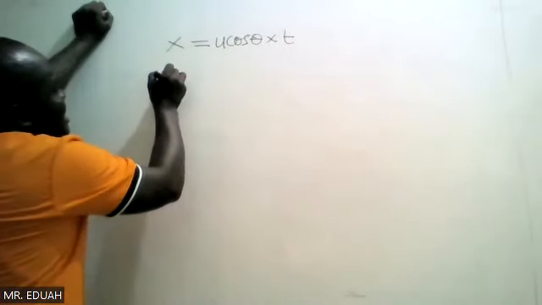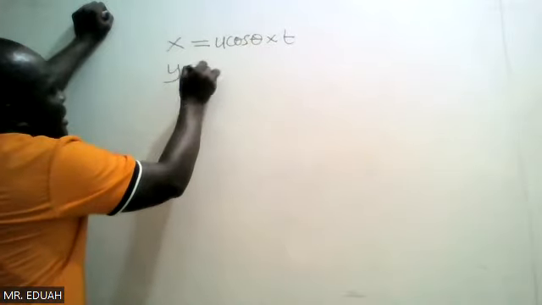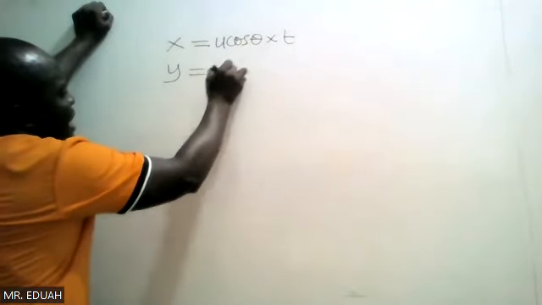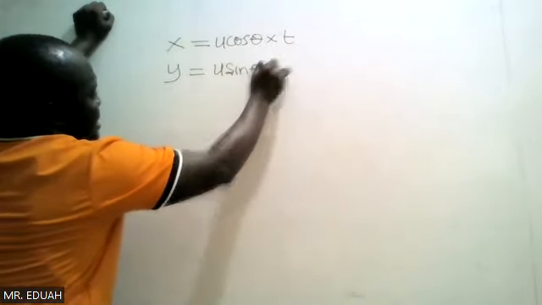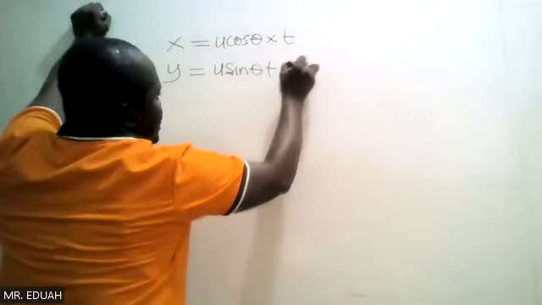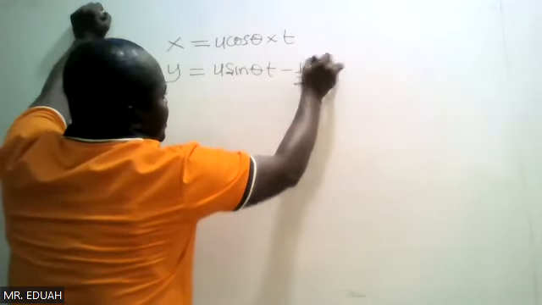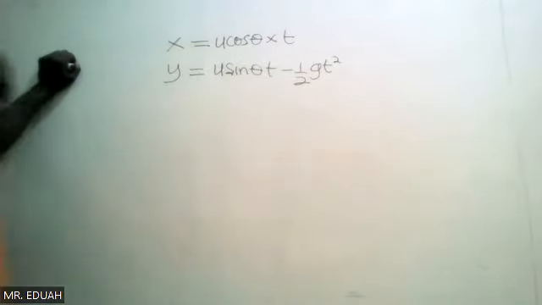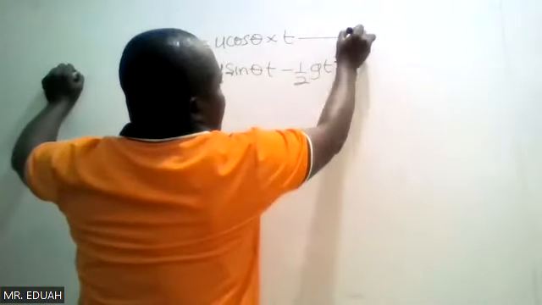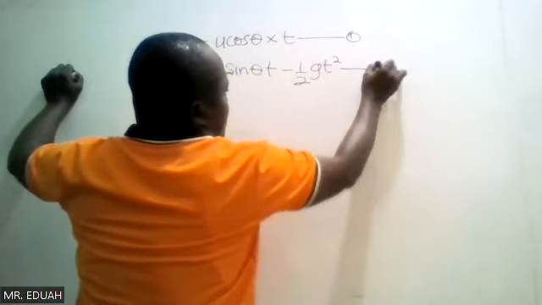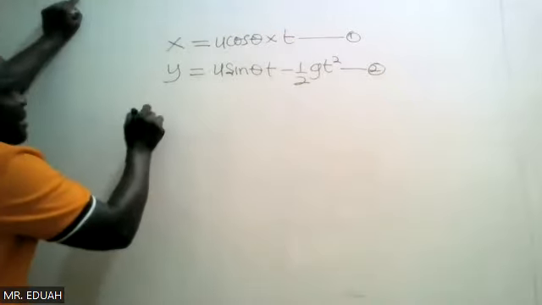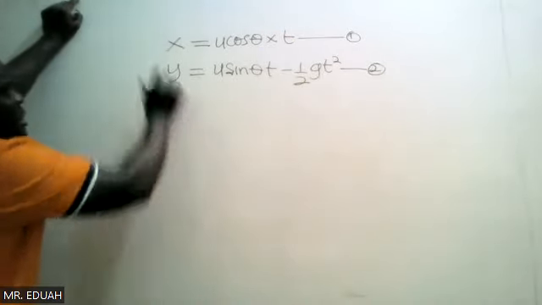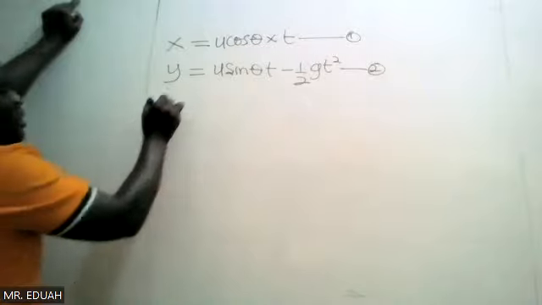Then the vertical displacement y is given by u sine theta times t minus half g t squared. This is equation 1. This is 2. Let's make t the subject in equation 1 and substitute it into equation 2.